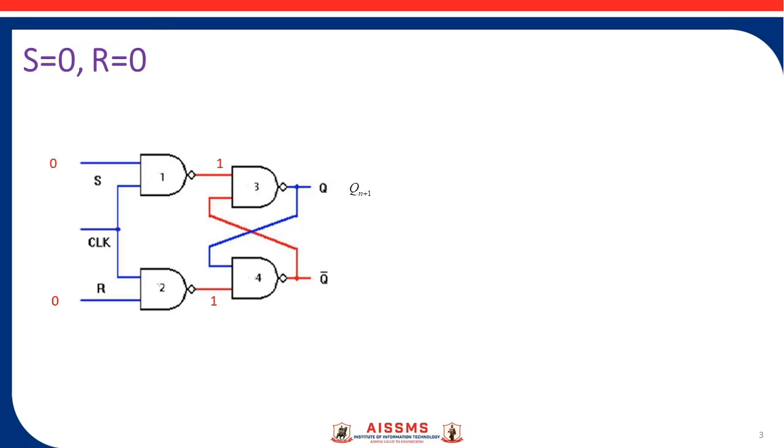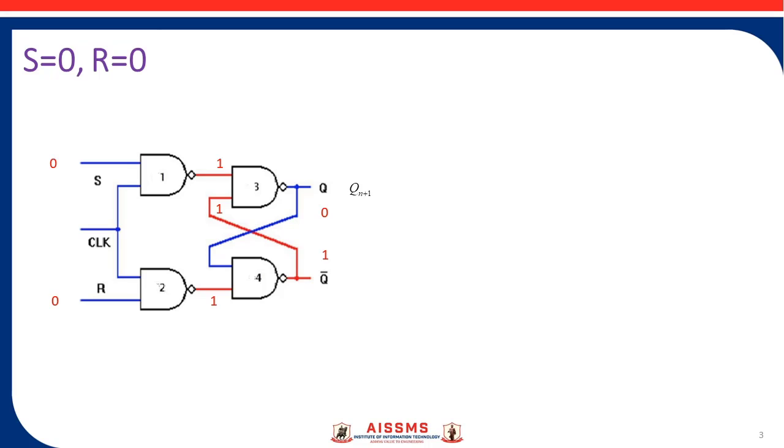So for that, we consider Q as a 0 value. This 0 is given to the input of NAND gate 4. So the output of NAND gate 4 will be 1 because we are providing 0 as an input. So Q bar is 1 here. Q bar is given to the input of the third NAND gate.